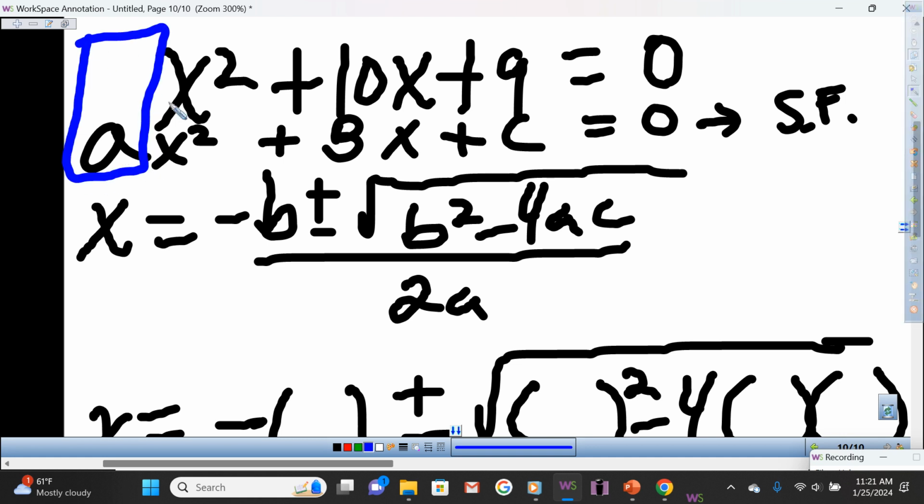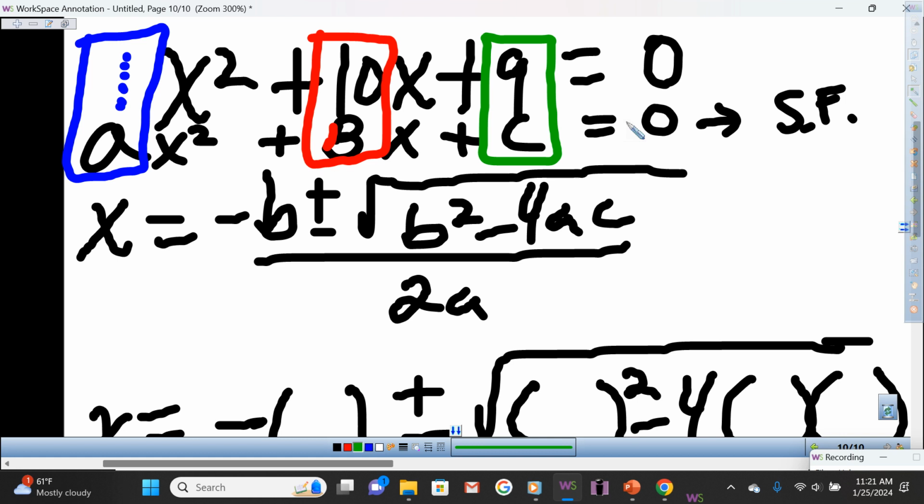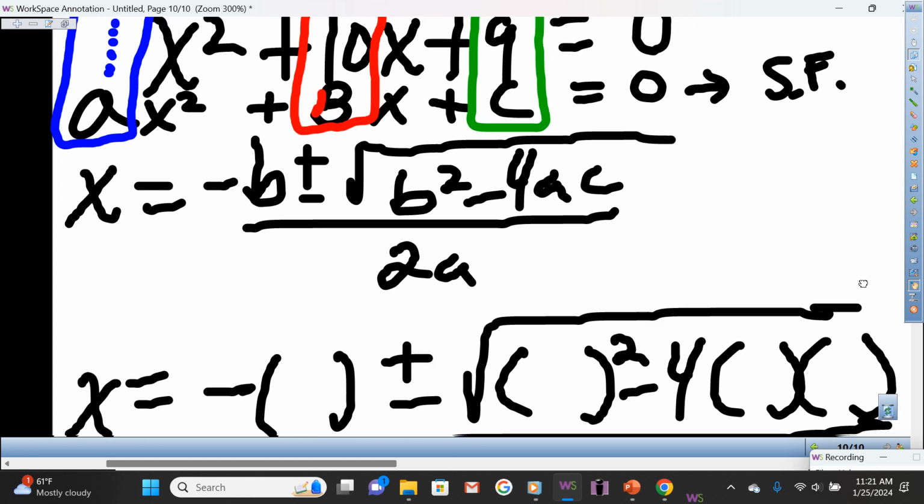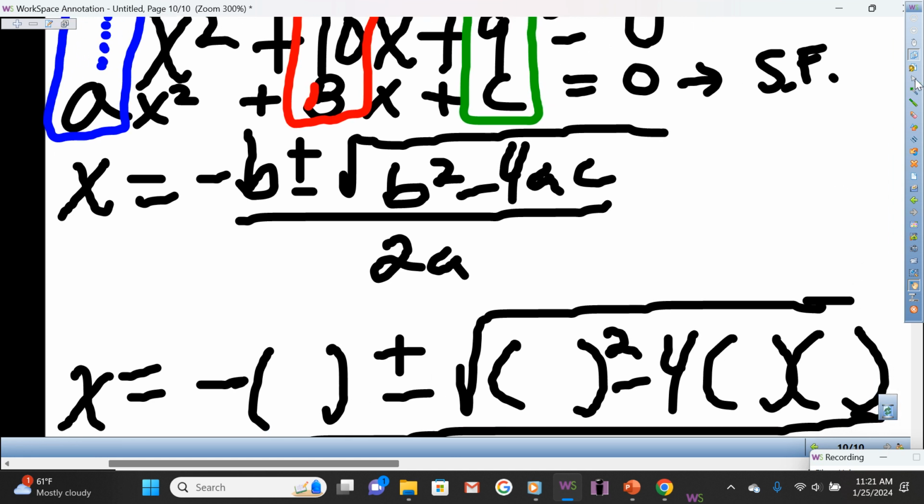What number's in front of the x squared? An invisible 1, so write it in there. That's 1. What is b with red? A positive 10, that is correct. That's b. And in green, what is c? Does everybody see what we're doing? Yes?